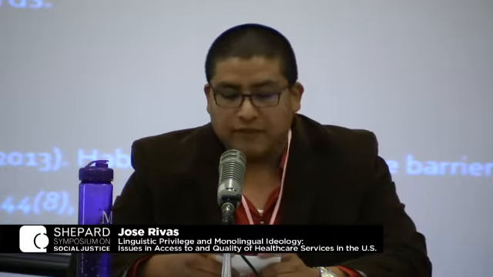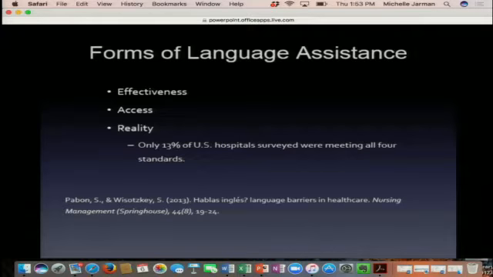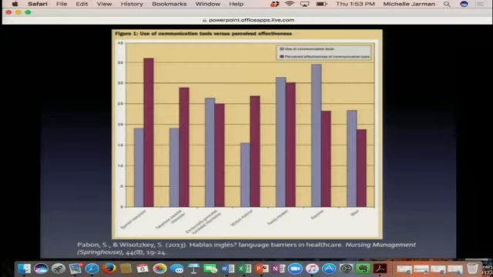So what are some forms of language assistance, and how are they effective or not effective? So you want to go to that next one? So Spanish interpreters or qualified interpreters is perceived to be the best form of language assistance, but really does it help?